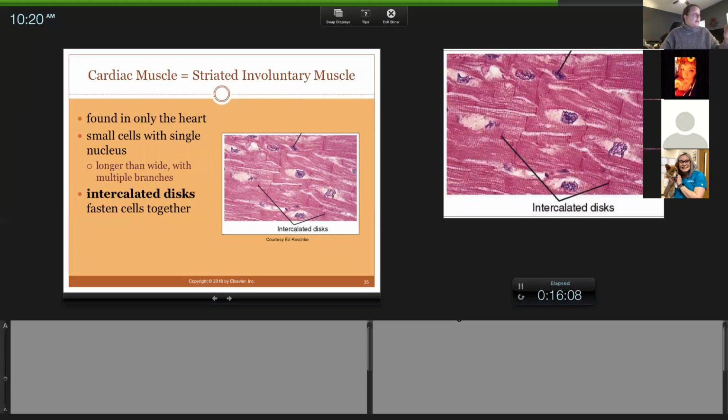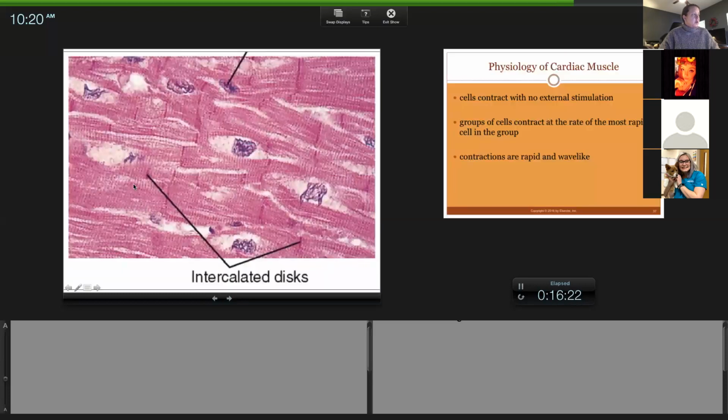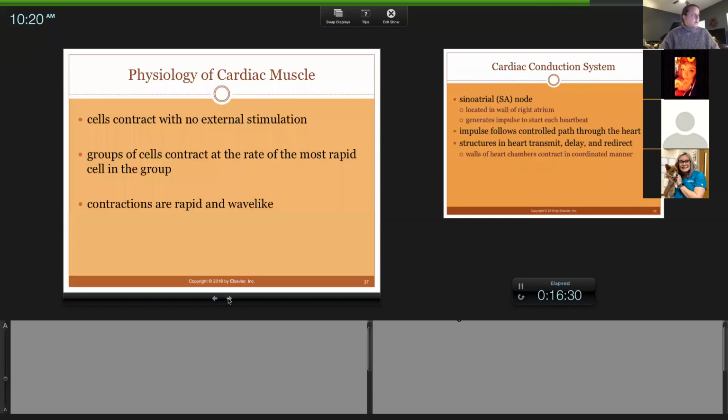They are connected with intercalated discs, which connect all of the fibers together. You can see the nuclei here, multiple branches fused together. You can see the striations in this picture. Those are the little discs that hold everything, and there's the nuclei of the muscle cells.